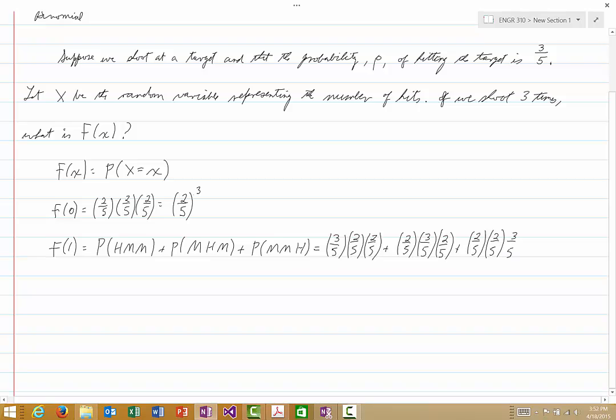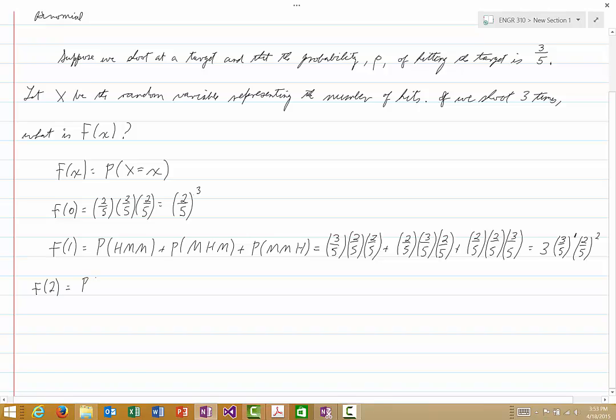So you see that all three of those probabilities are the same, and I'll end up writing this as 3 times 3/5 to the first power times 2/5 to the second power.